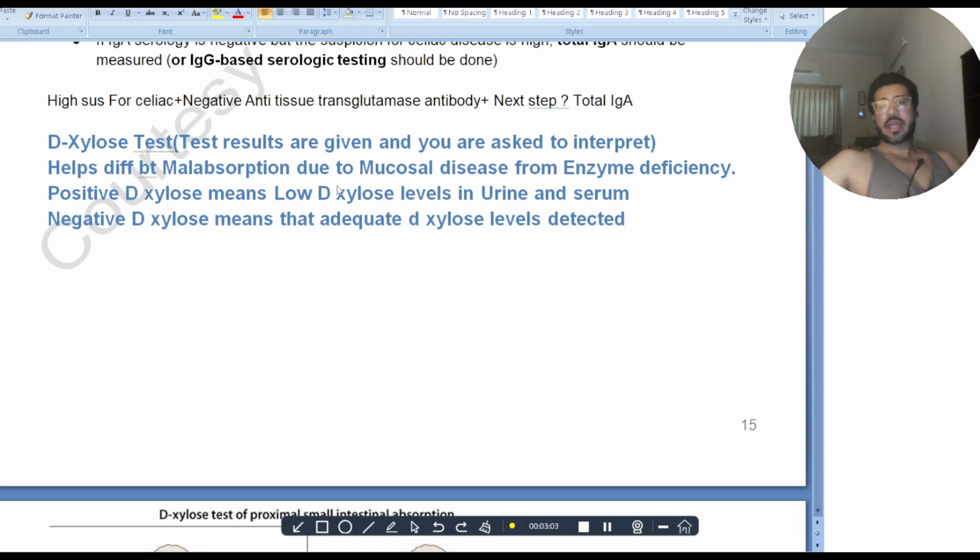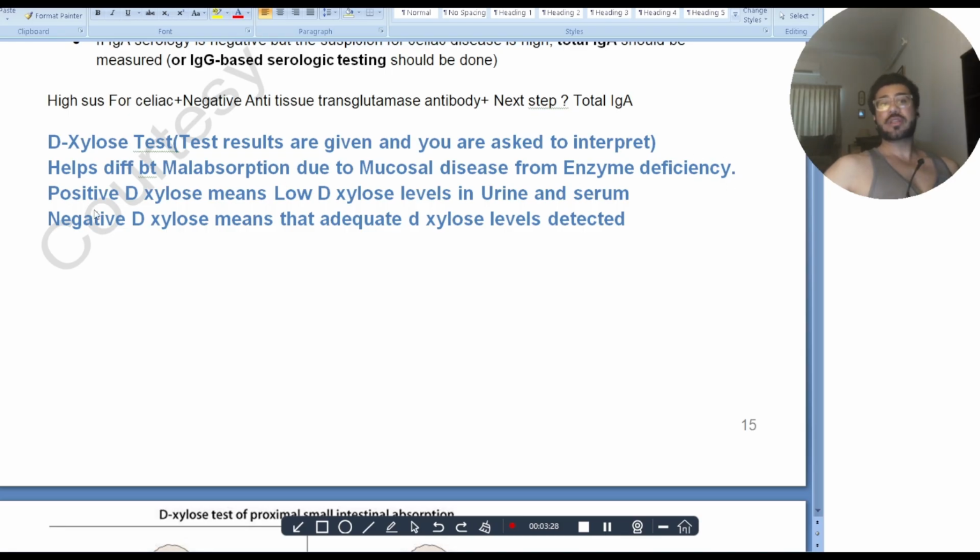So the scenario is just like you get a patient with malabsorption, they perform a D-xylose test, and then they tell you that the D-xylose test is positive. You should already know what positive means. Positive means that low levels have been detected. And they give you options for diagnosing what the patient has. They'll give you celiac disease, they'll give you chronic pancreatic insufficiency.